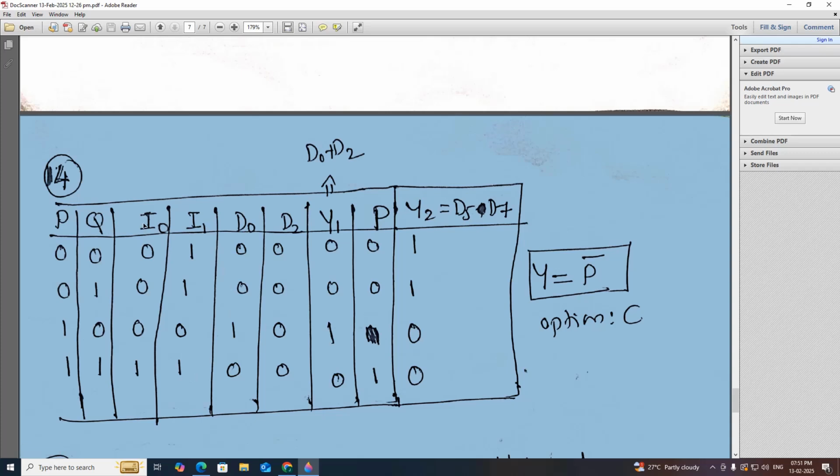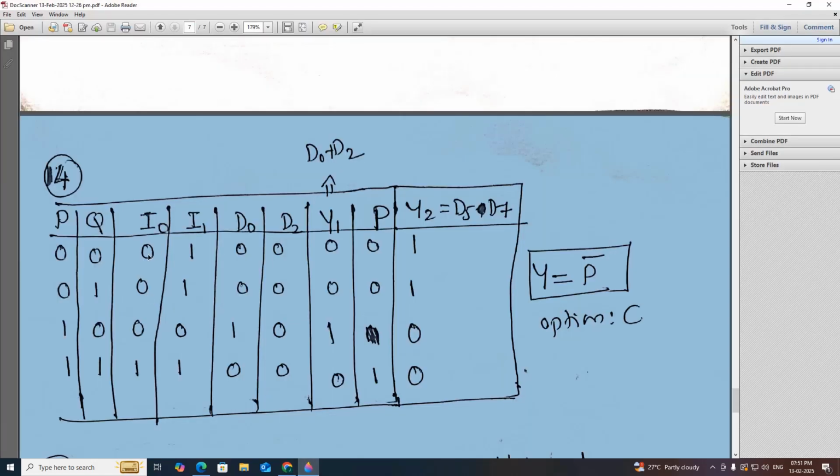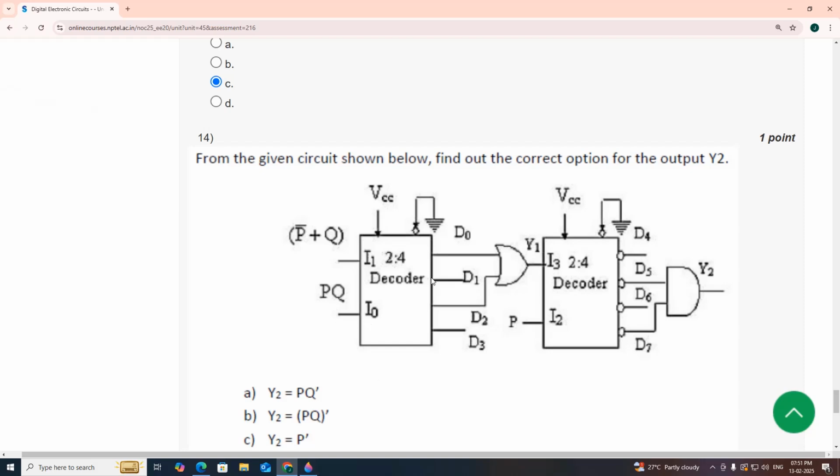Okay, once we have found out I0 and I1, based upon these input combinations, this will be selected. So either D0 will be 1, D1 will be 1, D2 will be 1, or D3 will be 1. So we'll see here. For 0, 1, D1 will be 1.